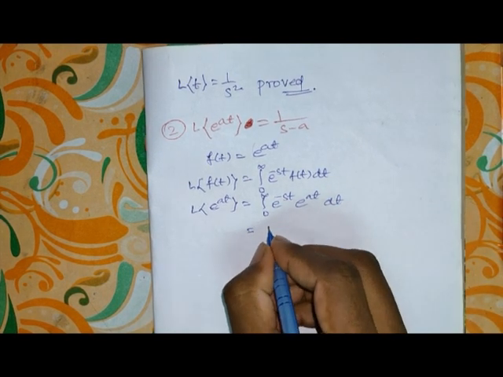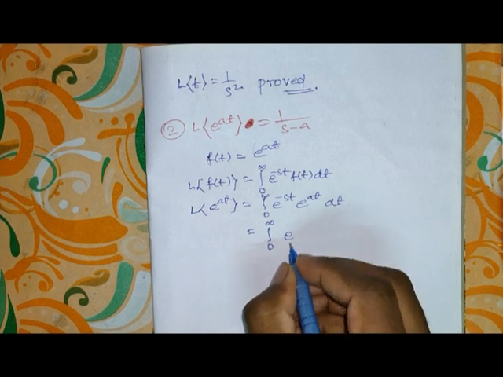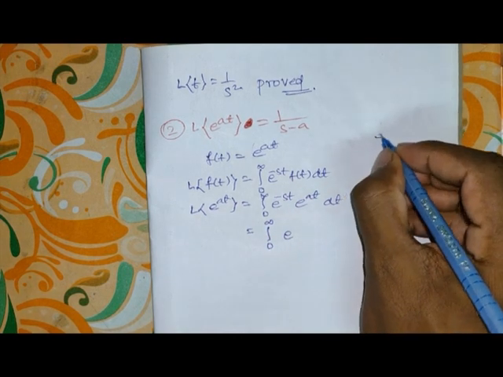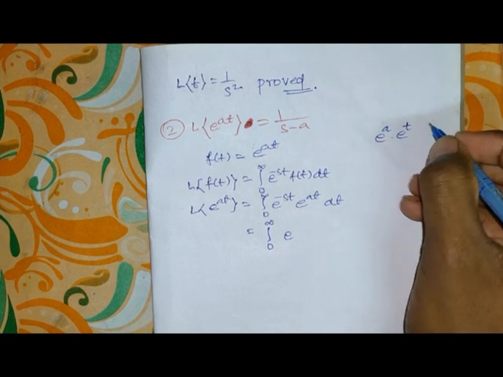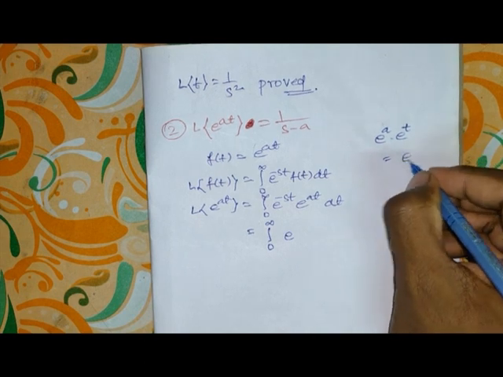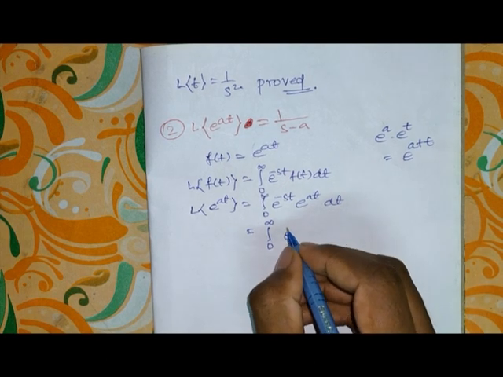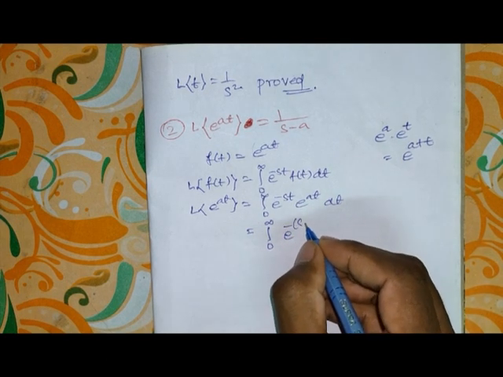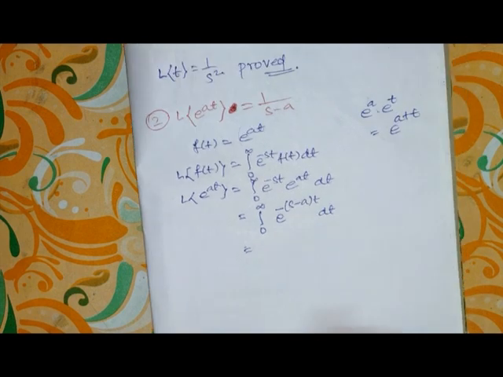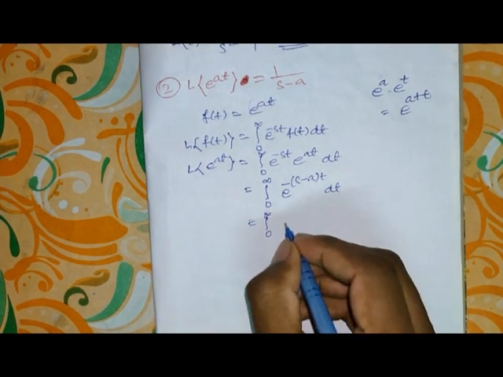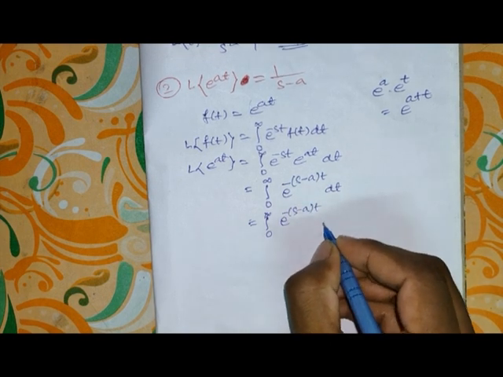So integration 0 to infinity, already we know that formula, e^(at) into e^t, it has the exponent formula, e^(a+t), it will come like this. So we will take s minus a. 0 to infinity e^(-(s-a)t), same term will come here.